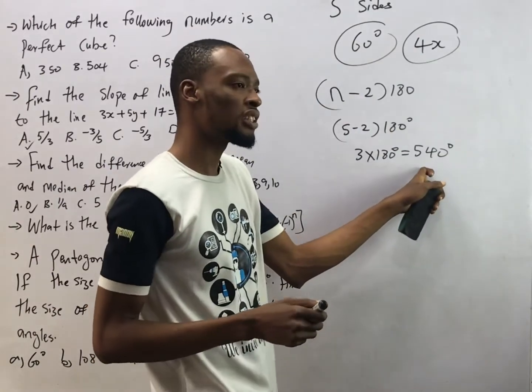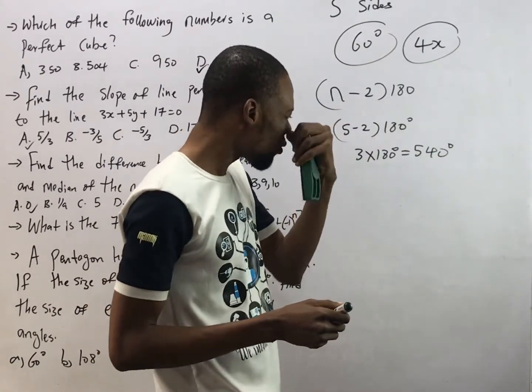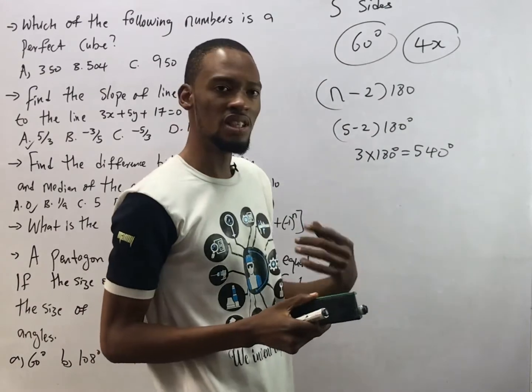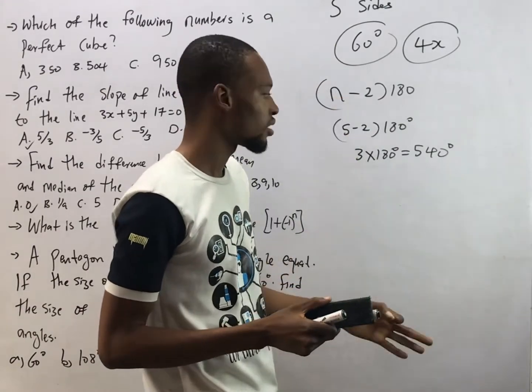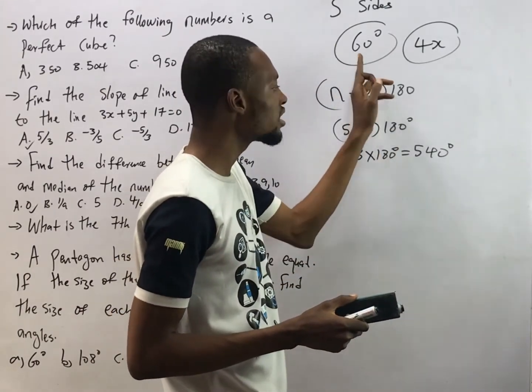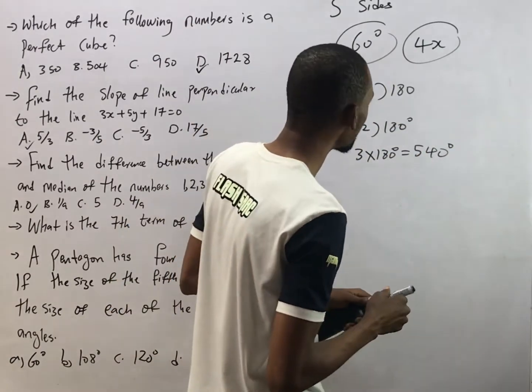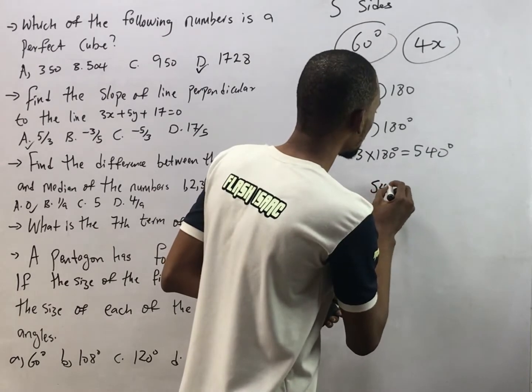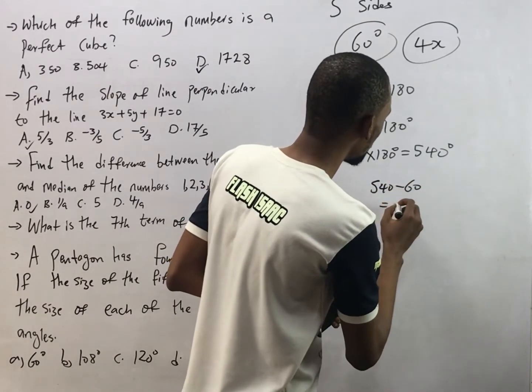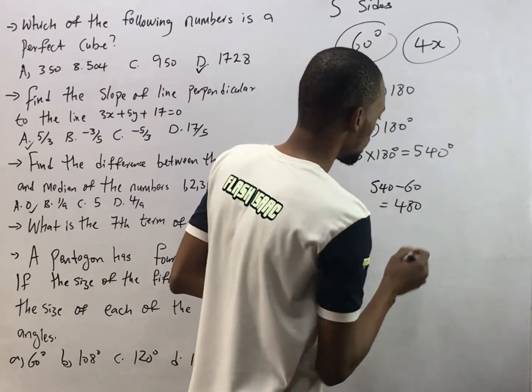And if this is 540 degrees, which is the 5 angles, we are told that one of the angles is 60 degrees. Now let's subtract this 60 degrees we already know from the remaining angles. 540 minus 60 degrees should give you 480.